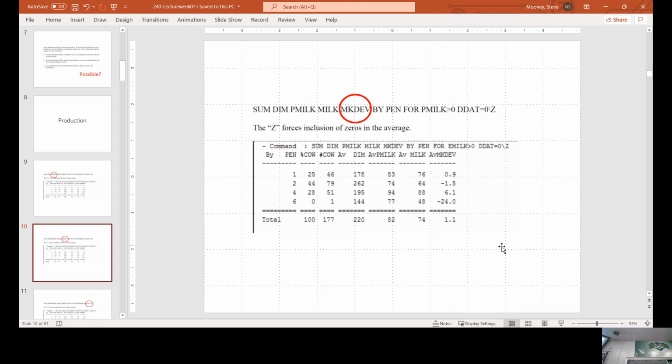So the question is, what did she get on that test day versus what was expected based on the shape of that curve? So milk deviation is what you actually did minus where you're supposed to be. So if we're below, we get a negative number. If we're above, we get a positive number.